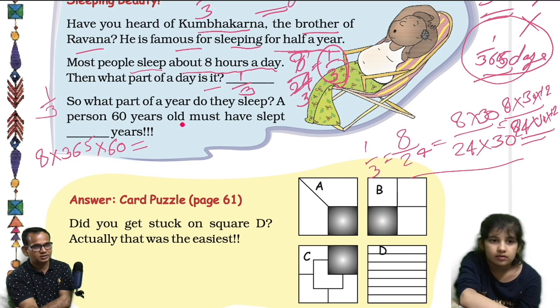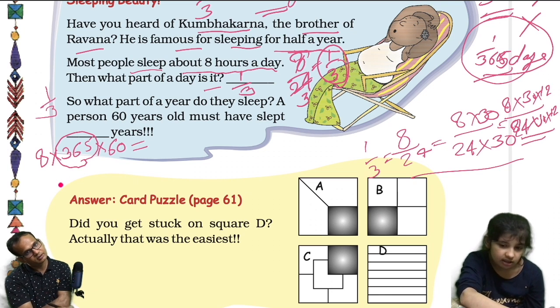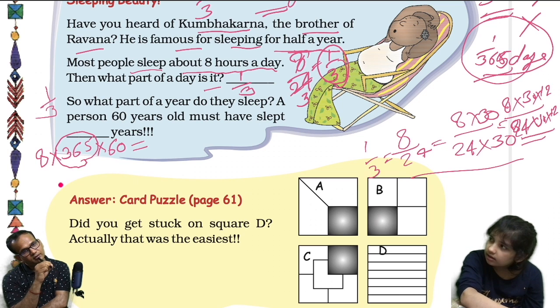A person 60 years old must have slept how many years. So 365 days. So we should do 365 multiplied by 60, then the answer multiplied by 8. No, it's not about fractions. He's asking, read the question.